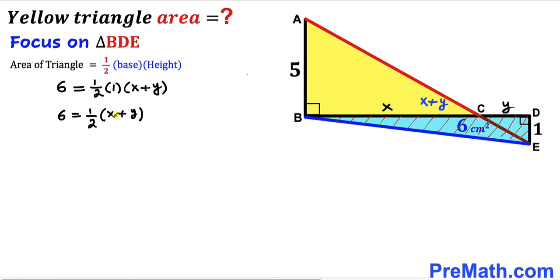Now I'm going to undo this fraction by multiplying both sides by 2. The 1 divided by 2 and 2 are gone, and 2 times 6 gives us 12. So x plus y equals 12. I'm going to label this as equation number 1.